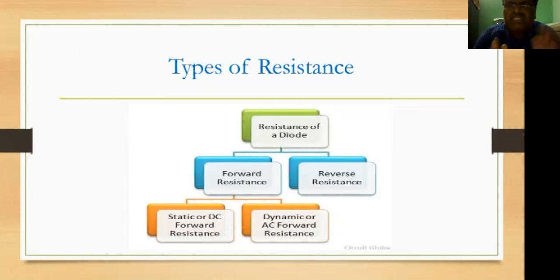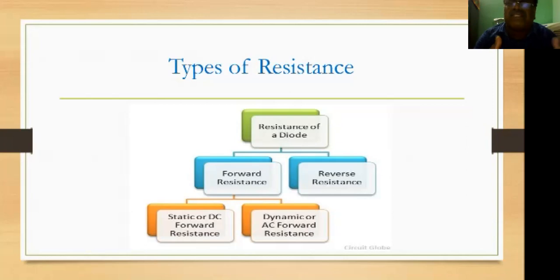Here, static or DC resistance: static means constant. That resistance does not change. For example, in our circuit diagram, your resistor is 10 kilo ohms. That is a fixed value. That is called the static resistance, or the DC resistance. This point is very important.